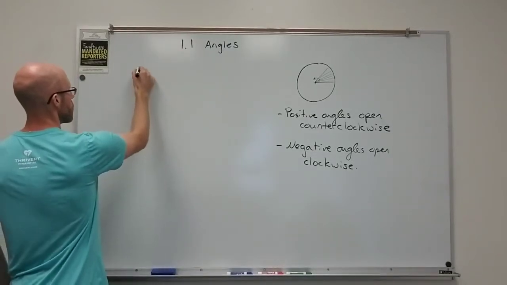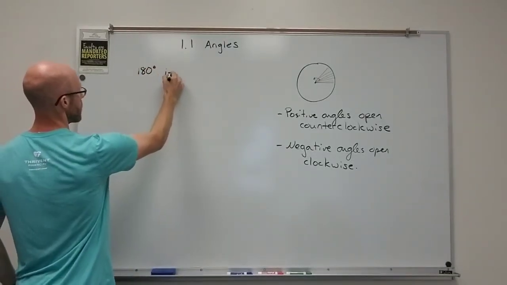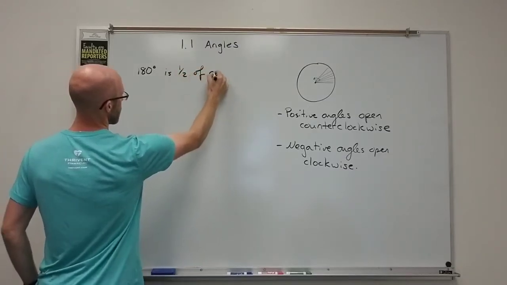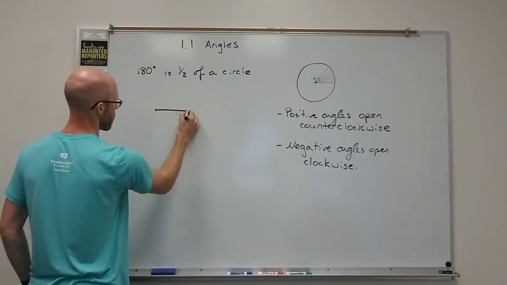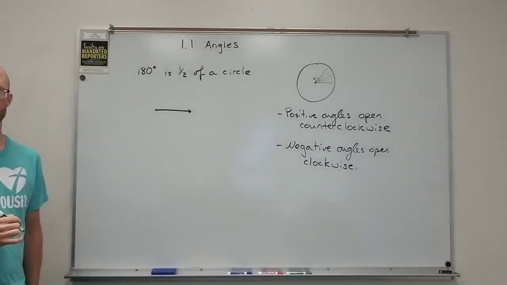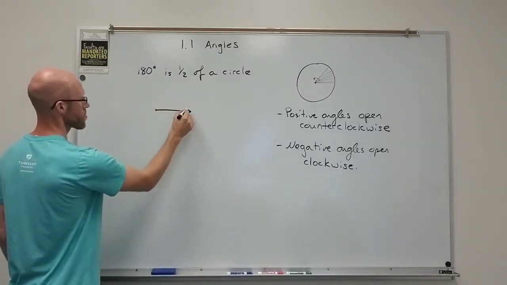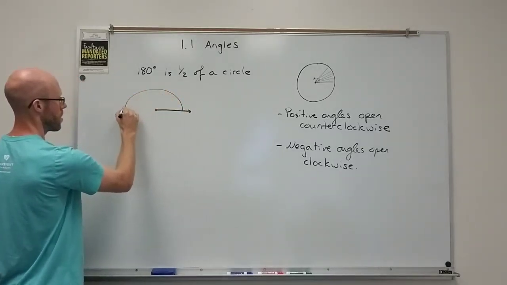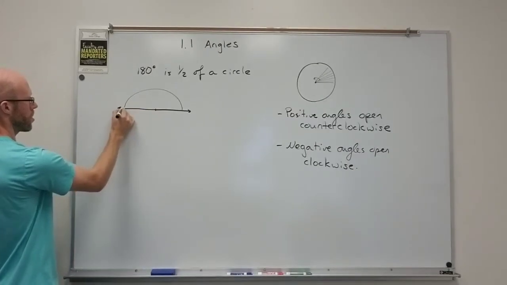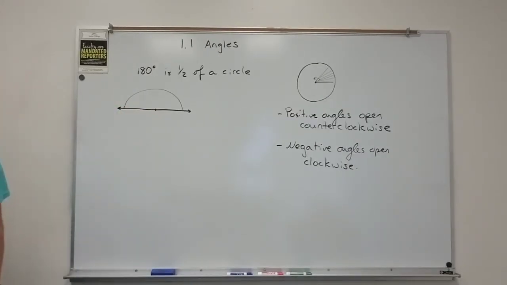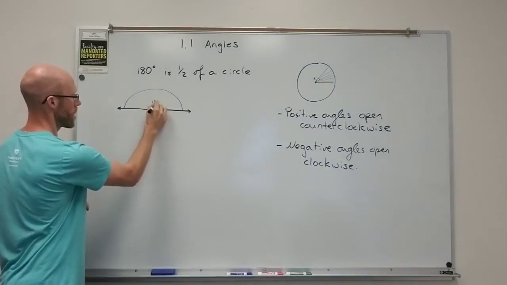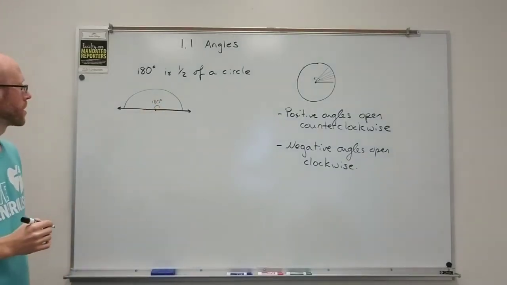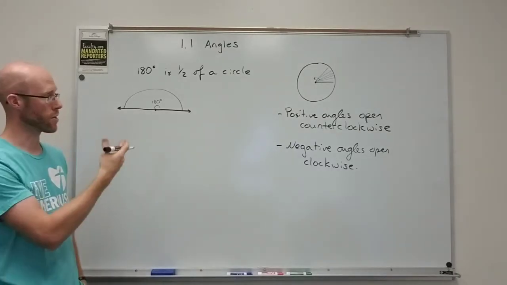So 180 degrees is half of a circle, which would mean your ray, your initial side, may start out to the right, and then if you go half a circle from there, it would open up to the other side. It's kind of a flat circle, it doesn't go very high, but that's okay. So this would be a 180 degree angle. That's half of the circle. It's half of the 360 degrees.